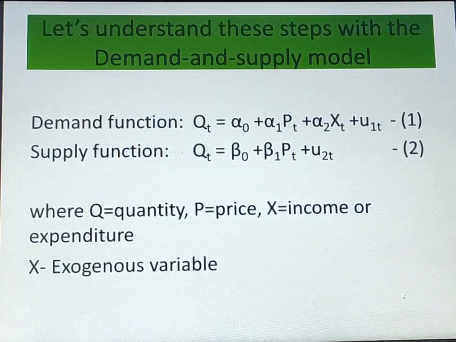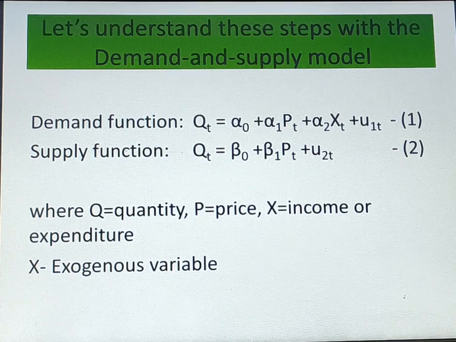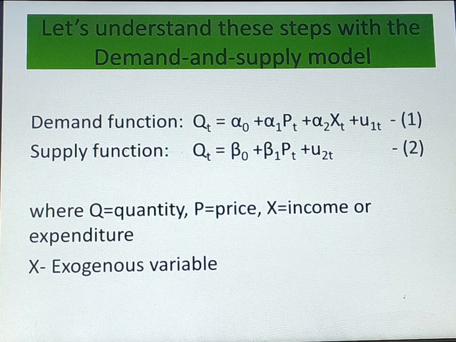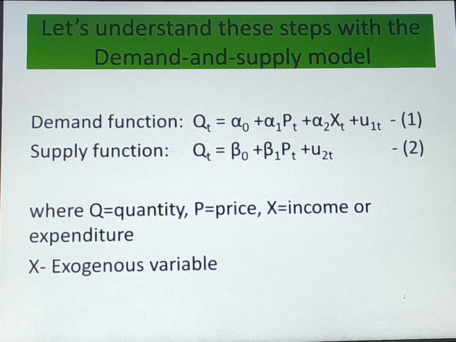So let's consider this example of a demand and supply model where Q is the quantity, P is price, X is income or expenditure, which is also an exogenous variable. Before estimating, we have to keep in mind and check whether these equations are over-identified, just identified or under-identified.